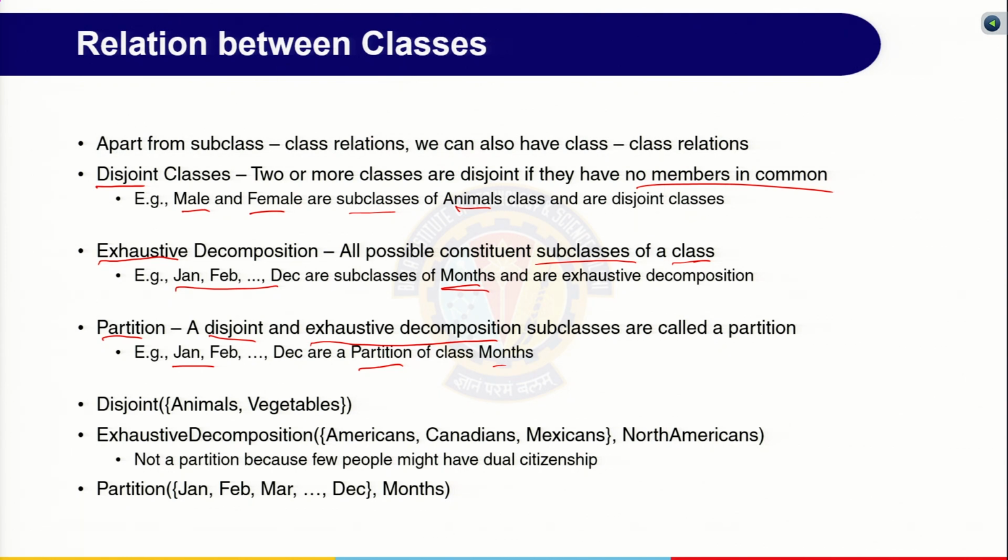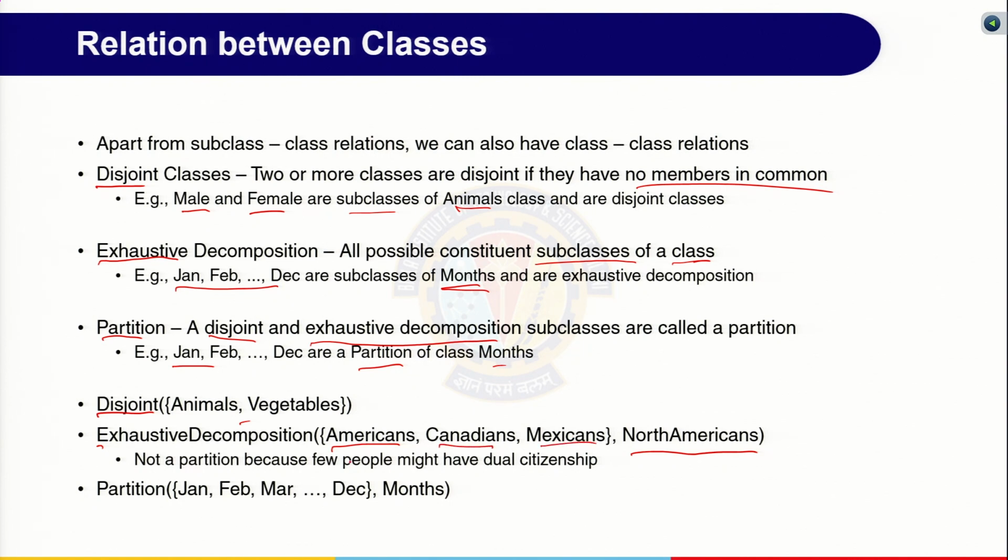So one other example that we can have of these relations is that the classes animals and vegetables can be called disjoint classes because we don't see any common members among them. And for exhaustive decomposition, all the citizens of North America can be either Americans, or Canadians, or Mexicans.